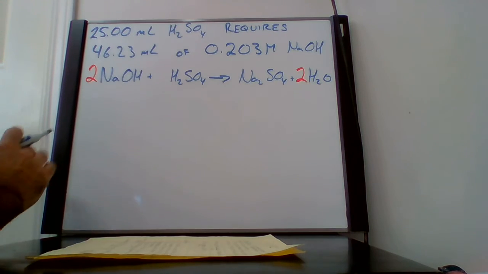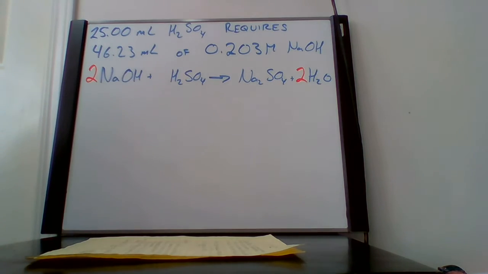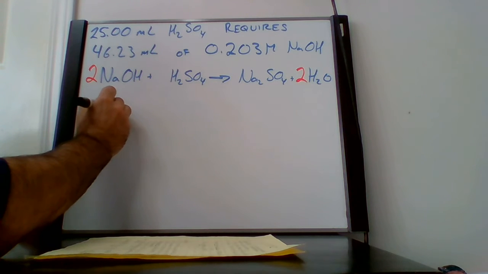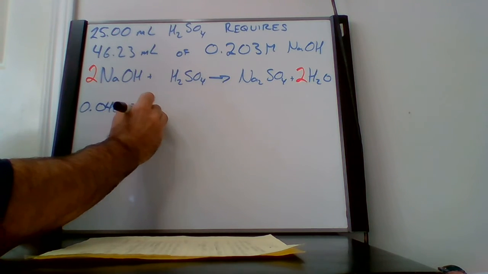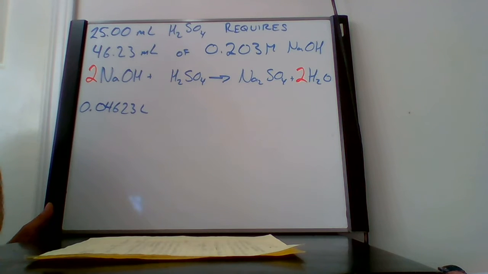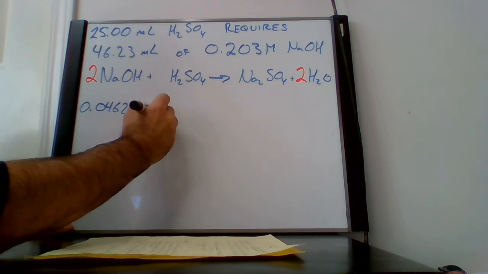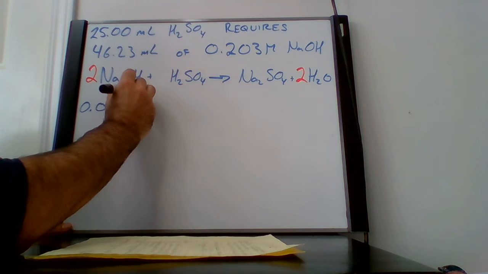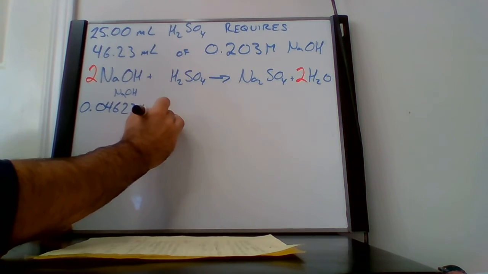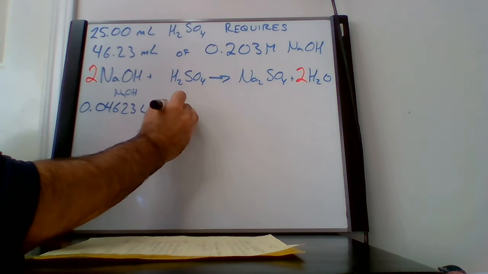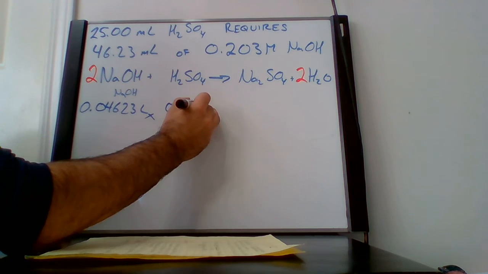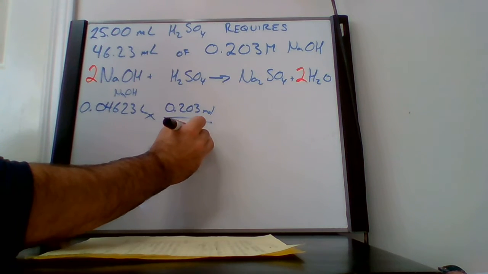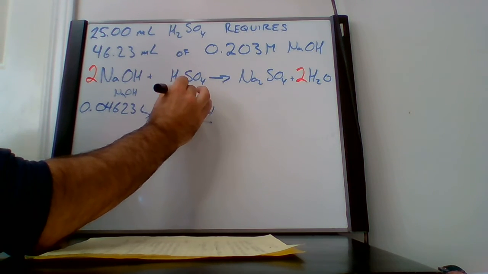All right. Well, I want to take this 46.23 milliliters, so I'm going to say this is 0.04623 liters, and that's our NaOH. We're going to multiply this by our 0.203 moles per liter. Again, this is our NaOH.